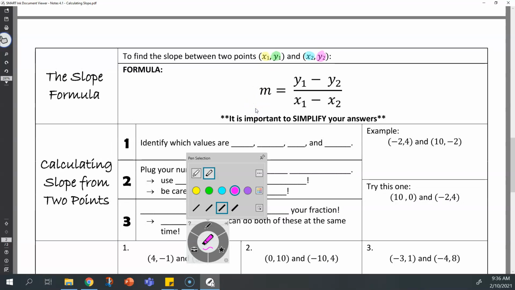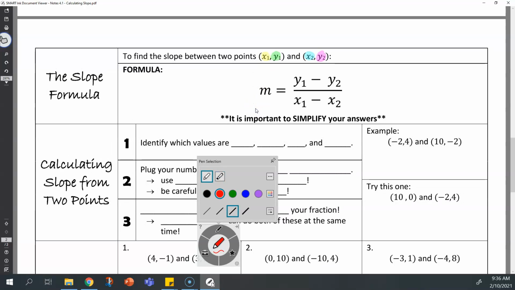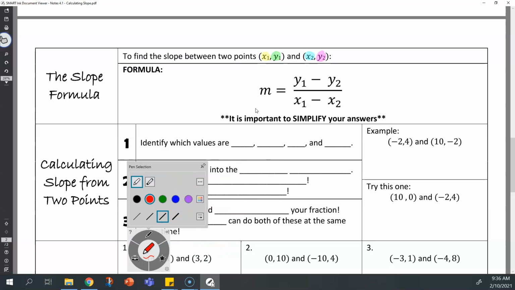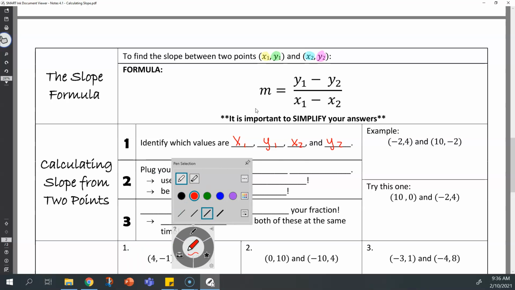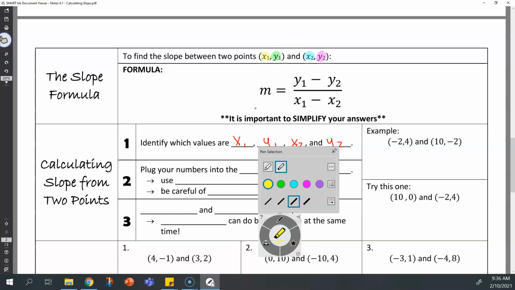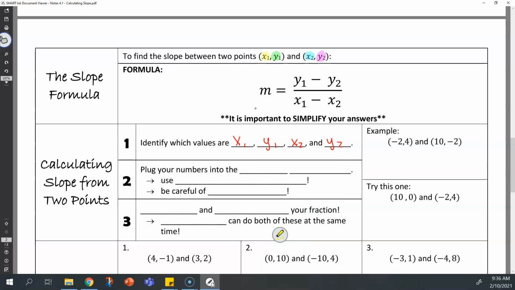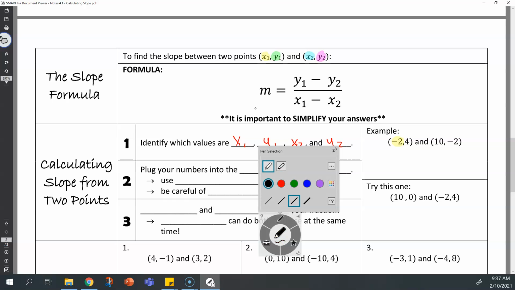Okay. So my first step is going to be to identify which values are my x1, my y1, my x2, and my y2. So if I'm looking at this example, the x value from my first point is -2. That's going to be my x1. I'll write it above. The y value from my first point is 4.